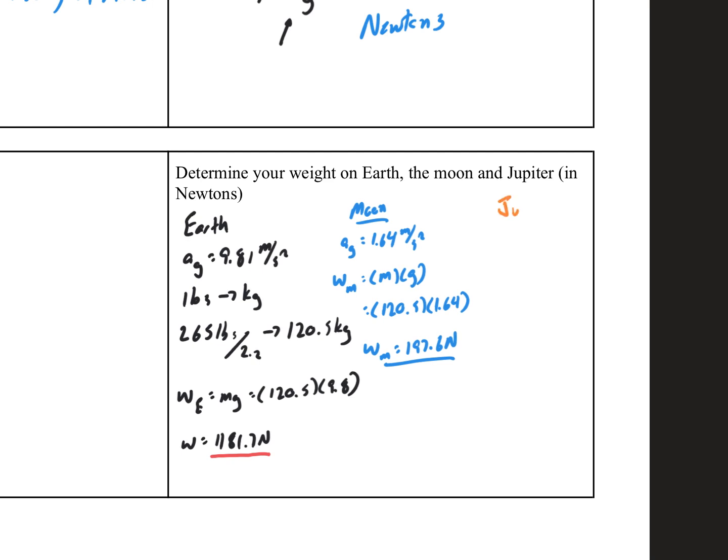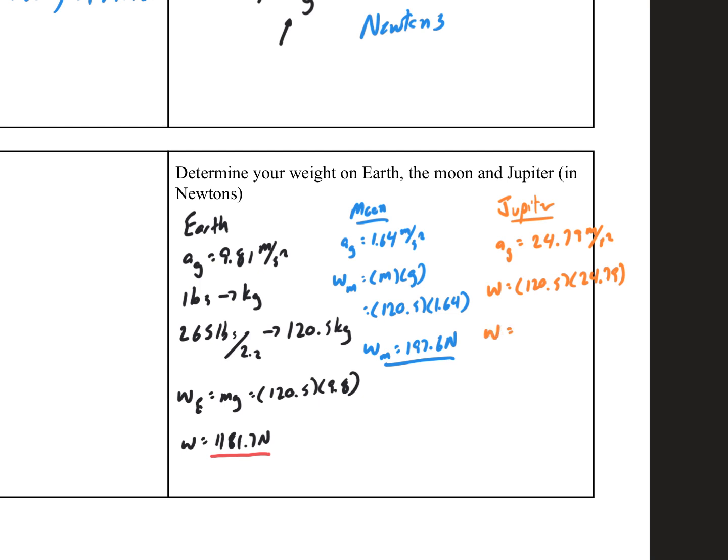Take a look at Jupiter. Based on how you estimate things, we know the gravity, if we were able to stand on the surface of Jupiter, a gas giant, kind of weird, is about 24.79 meters per second squared. So way bigger than Earth. The weight, once again, is mg. So 120.5 times this 24 number.